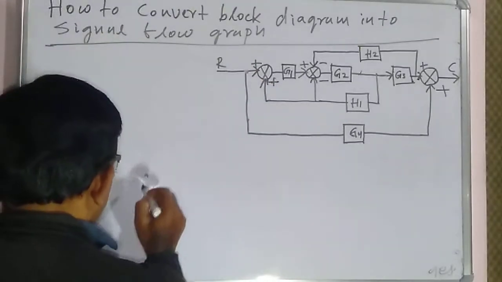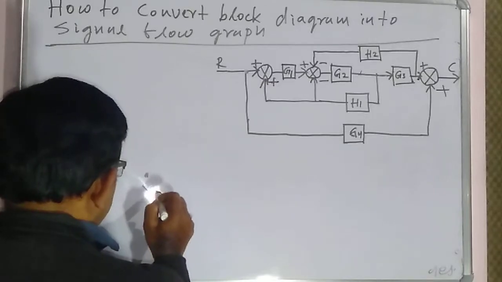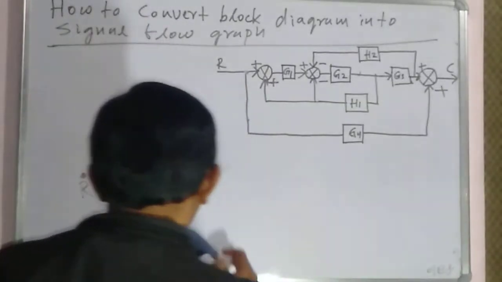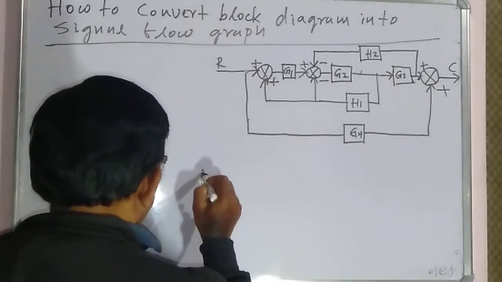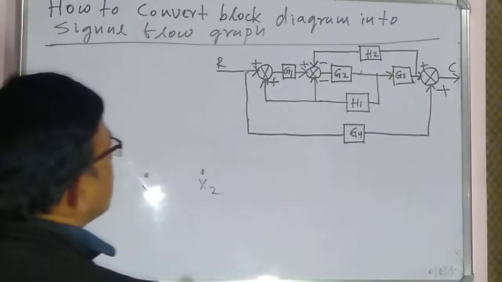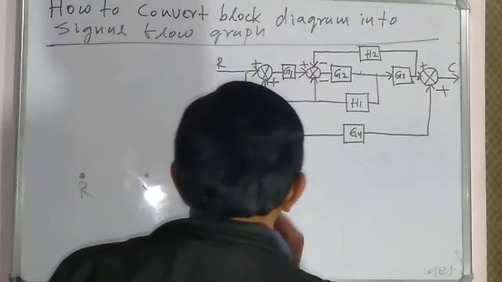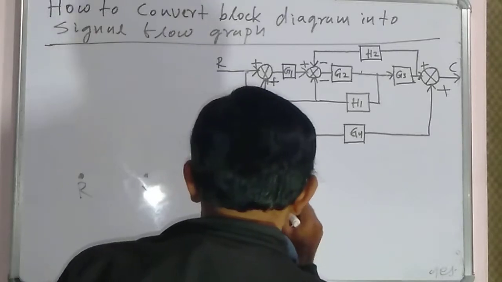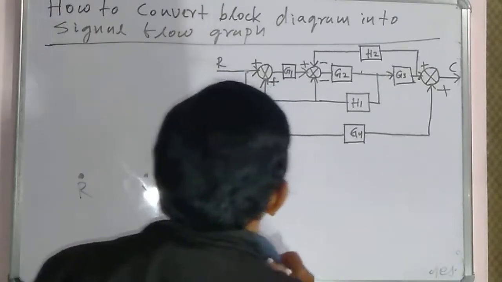Let us assume that that is your x1, and this summing point is replaced by another node, that is x2, and this summing point is replaced by another node, that is x3.